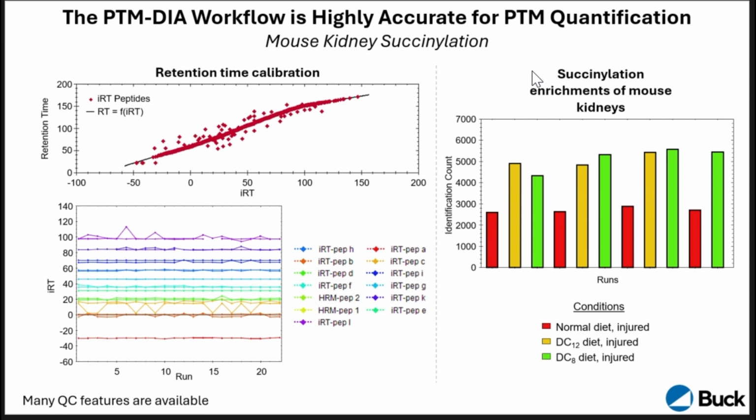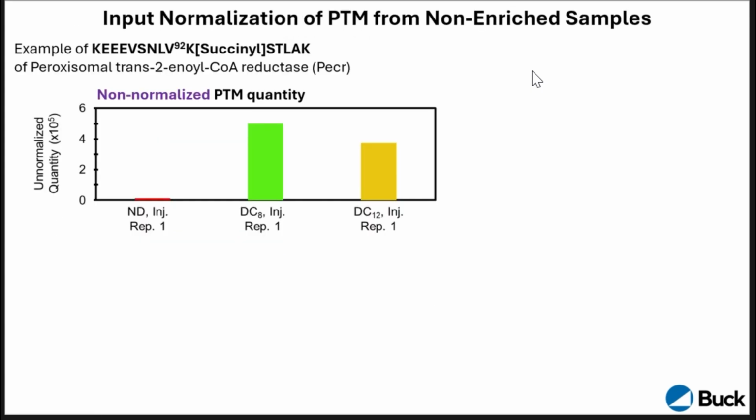You see fewer succinylation sites versus when you have the diet that I mentioned to you with the dicarboxylic acid carbon length 12 or carbon length 8 in yellow or in green. So even this very simple initial PTM visualization can show you that there was a massive upregulation with this diet. We've always liked the visualizations in Spectronaut.